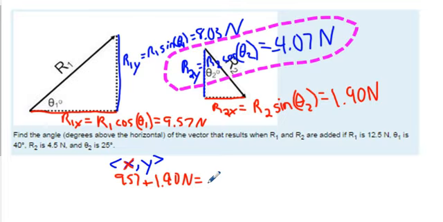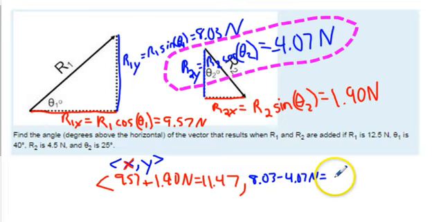Okay, so 9.57 plus 1.9, and that's 11.47. Okay, so that's this part. And then the y components, 8.03 minus 4.07. And a little bit of mental math here, I think that's 3.96.